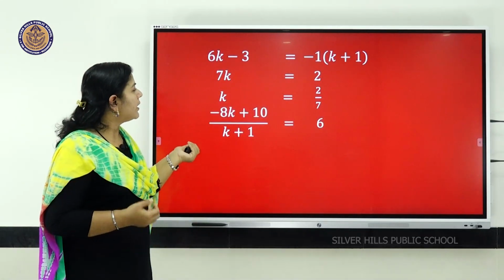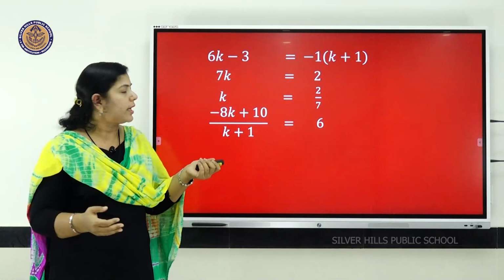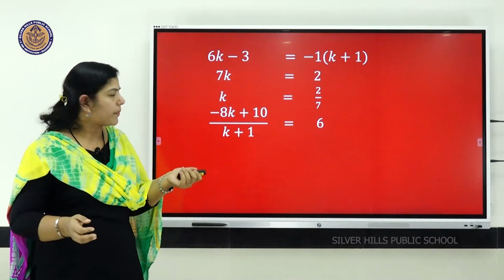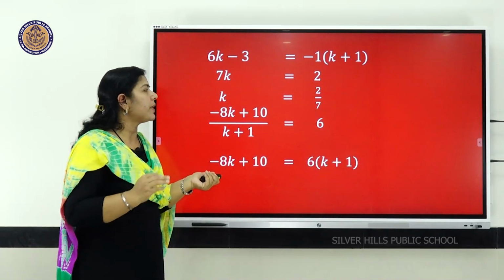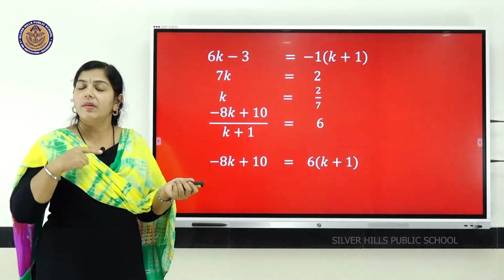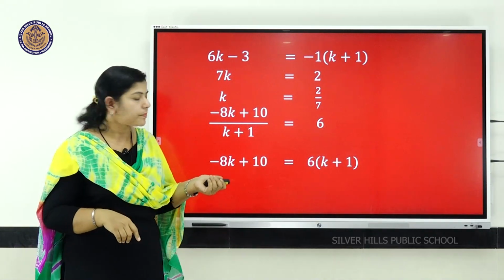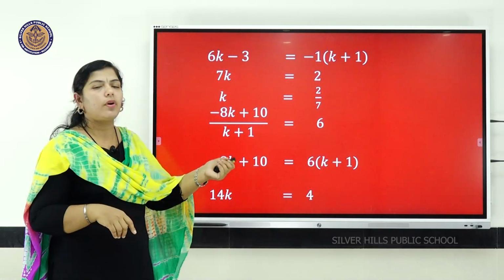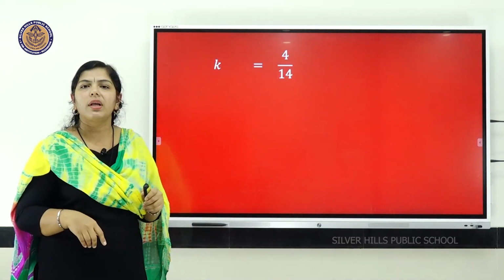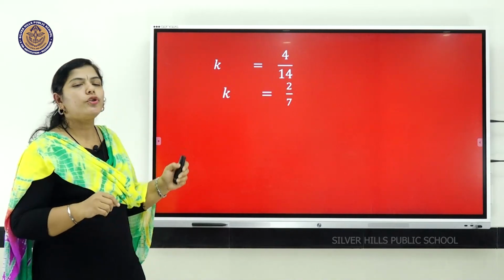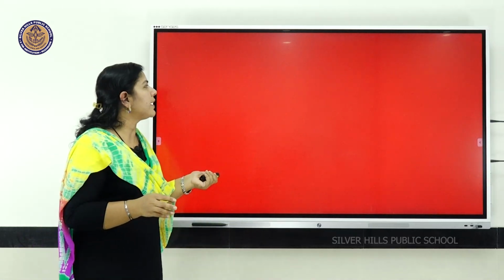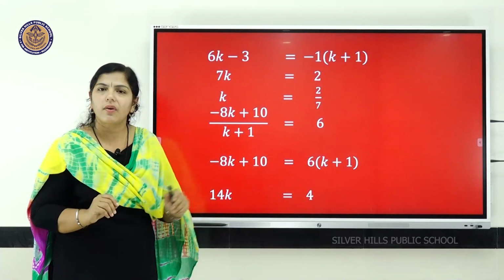For the other coordinate, if we equate (-8k + 10) by (k + 1) equal to 6, that is, -8k + 10 equal to 6 into (k + 1), by cross multiplying, we get 14k equal to 4, that is k equal to 4 by 14, that is k equal to 2 by 7.